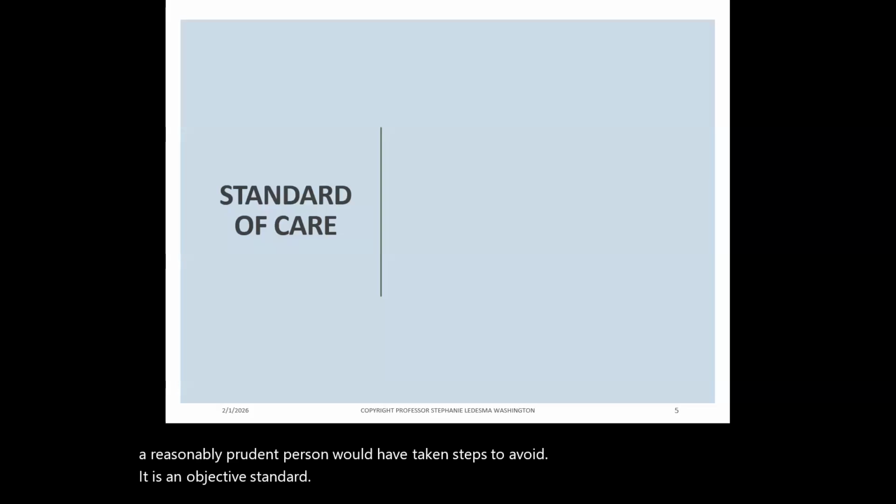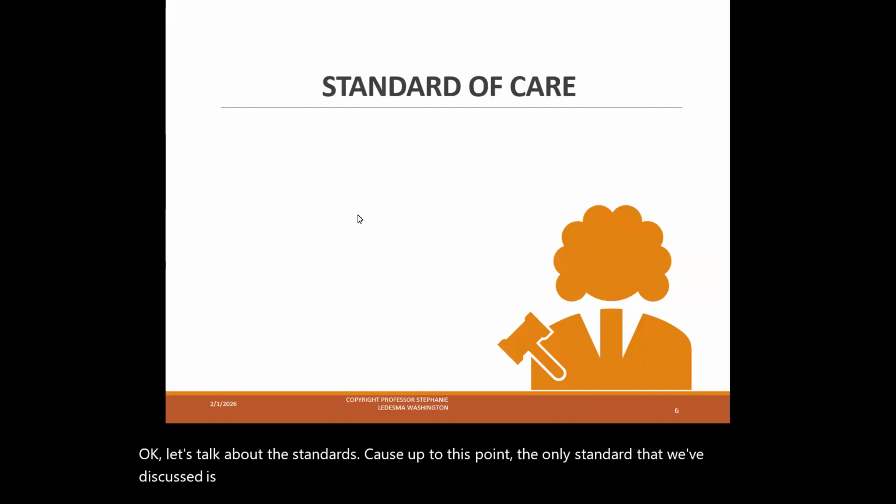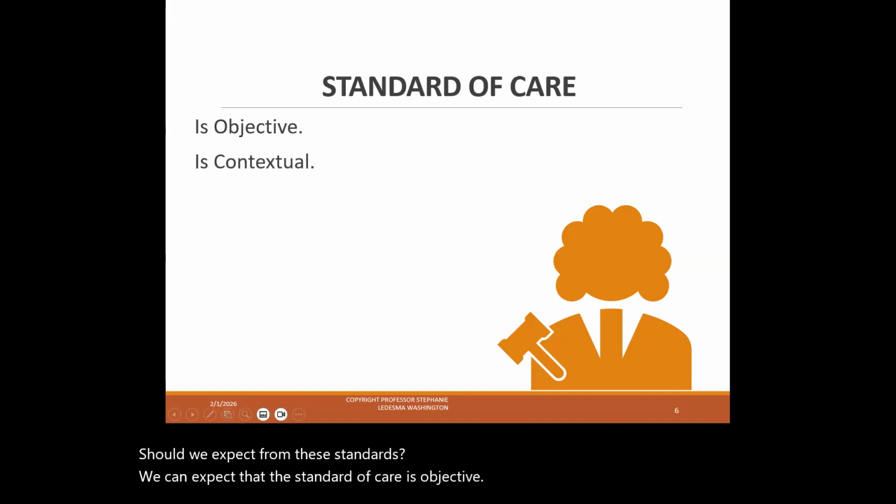Okay, let's talk about the standards, because up to this point, the only standard that we've discussed is the reasonable person standard. So what should we expect from these standards? We can expect that the standard of care is objective. We can expect that the standard of care is contextual.